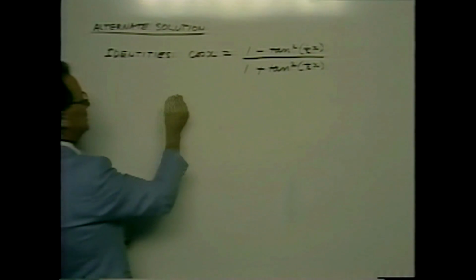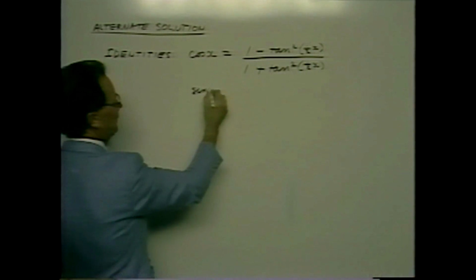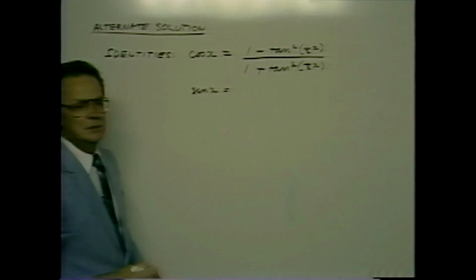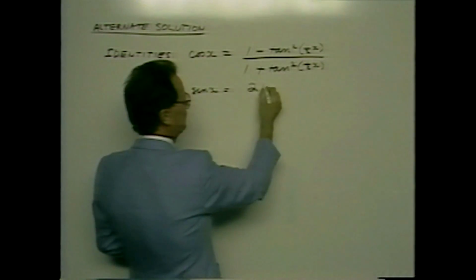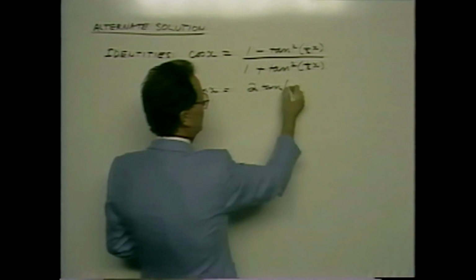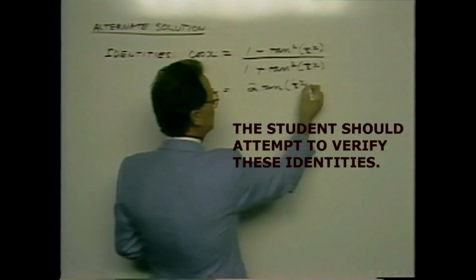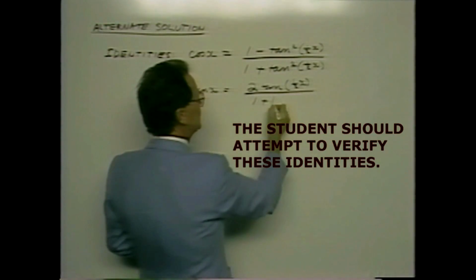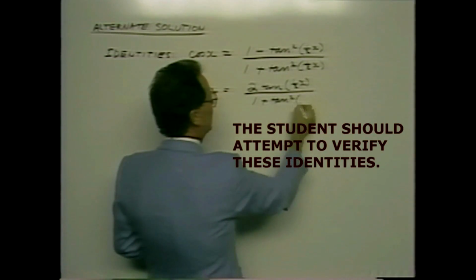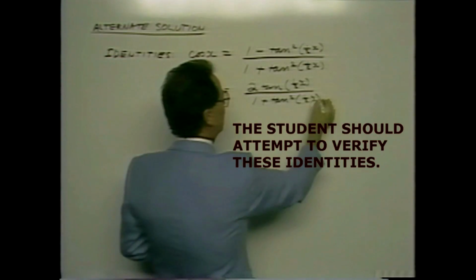For sine of x, this is equal to the identity 2 tan 1/2 x divided by 1 plus tan squared 1/2 x.